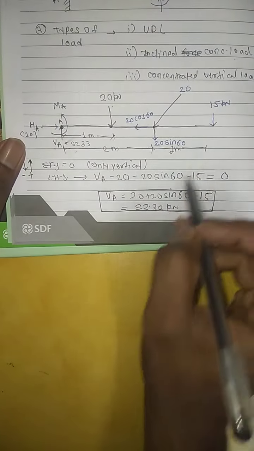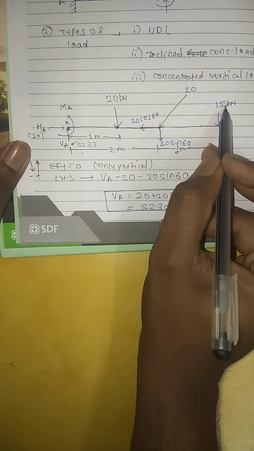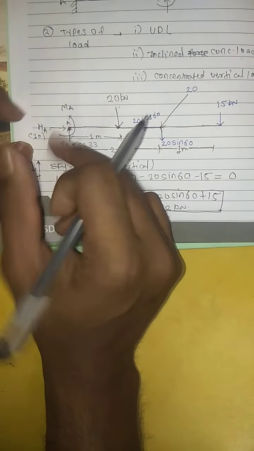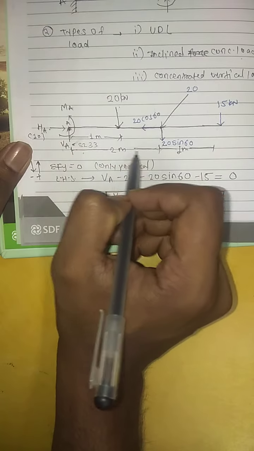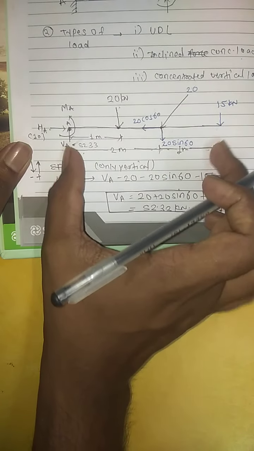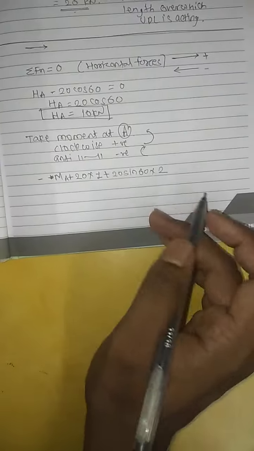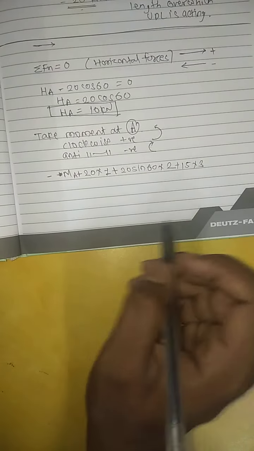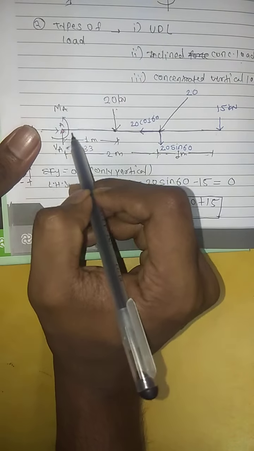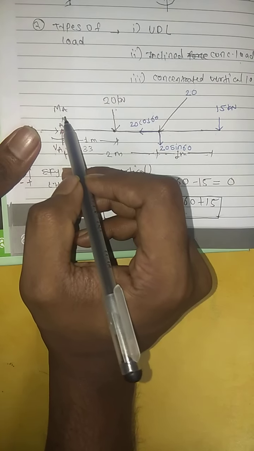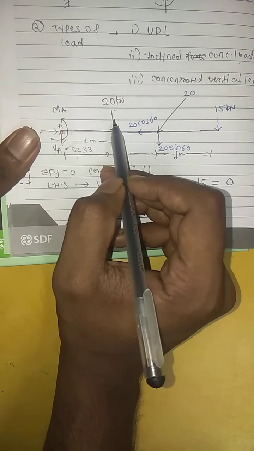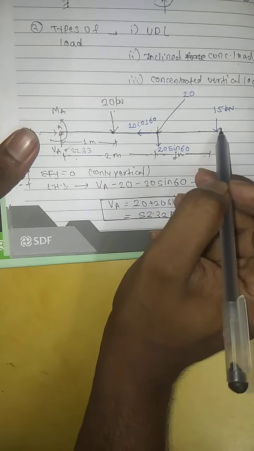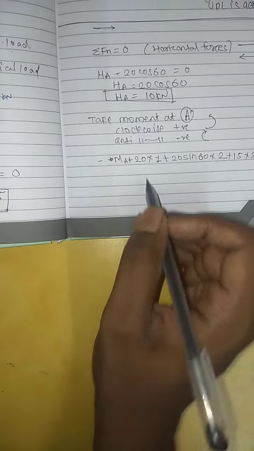Now the next force is 50 kilonewton, which is again clockwise. So 50 kilonewton into the distance from the point A, which is 2 plus 1. This total distance is 3. Hence 50 into 3. So this force is anti-clockwise, hence minus. All these forces are clockwise, hence positive.